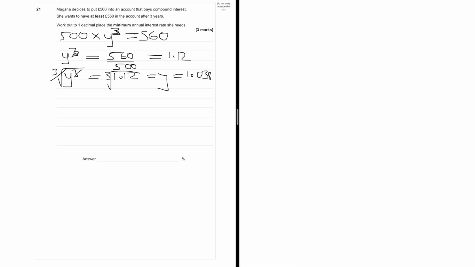So what this means is that you have an interest rate of, well, obviously it's 1.038, but if we're going to work this out as a percentage, then it's increasing by, if we subtract 1, we get 0.038, and then we times by 100, and this gives us 3.8%. So the answer is that the minimum annual interest rate is going to have to be 3.8% for these conditions to be met.